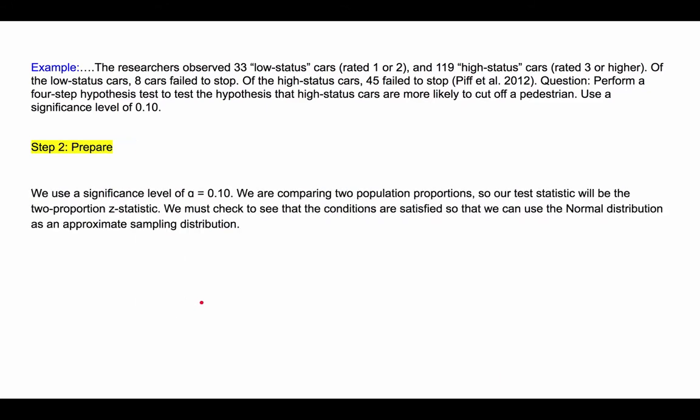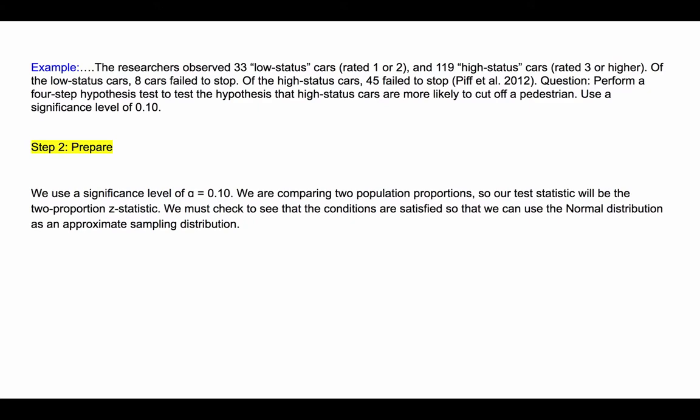Okay, now that we've done step 1, we can do step 2. Step 2 is to prepare. We have to state our significance level. We're told that it's 0.10. Remember, we use alpha for significance level. That's our symbol from earlier sections in chapter 8. And what else do we do? We need to check the conditions.